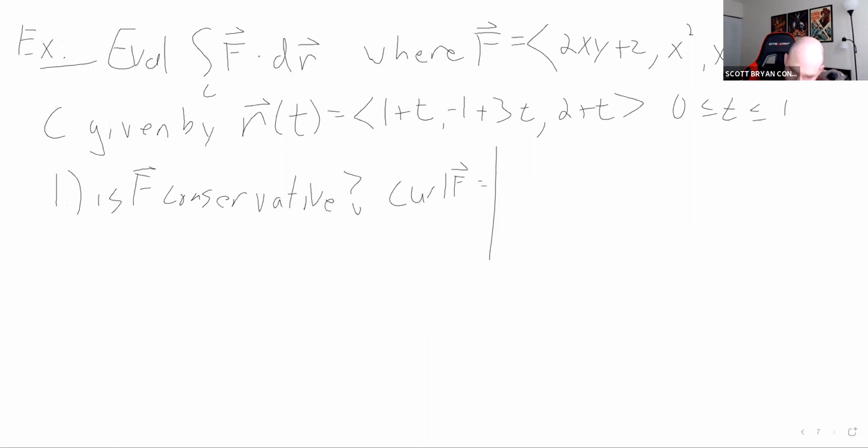So let's do the curl of F real quick. Remember, the curl of F is del cross F, where del is d/dx, d/dy, d/dz, and F is (2xy + z, x squared, x).